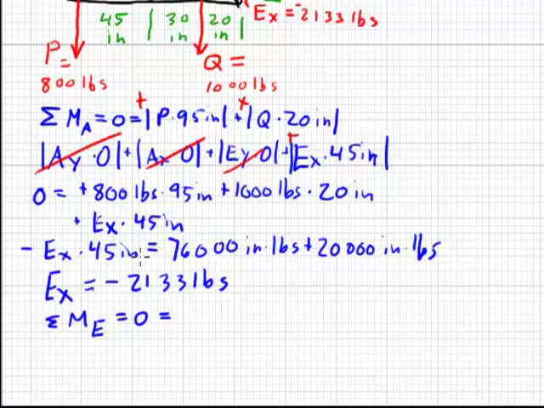AX will be a horizontal force again that we don't know, and its perpendicular distance to point E is this 45 inches. So after we do all of these calculations, AX equals positive 2,133 pounds.